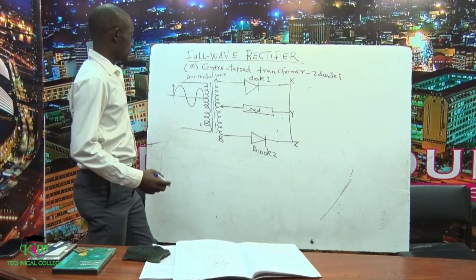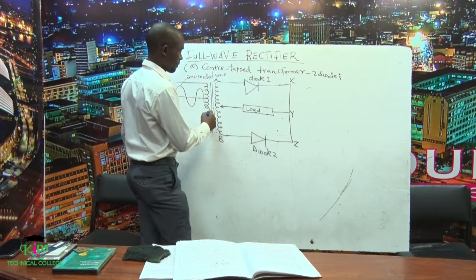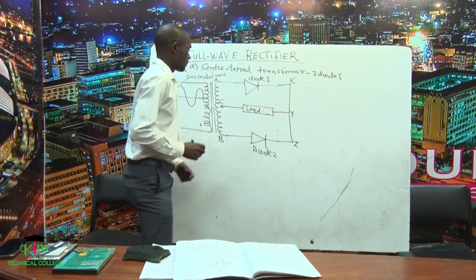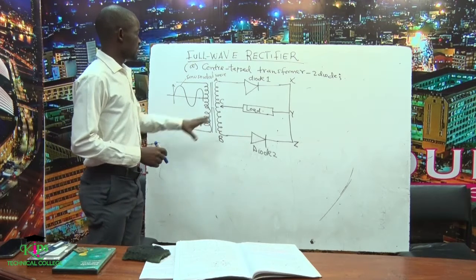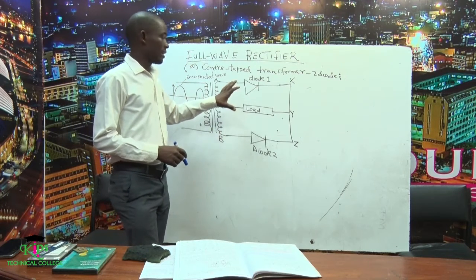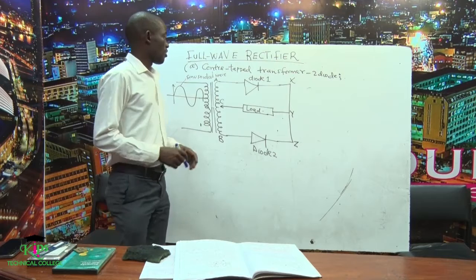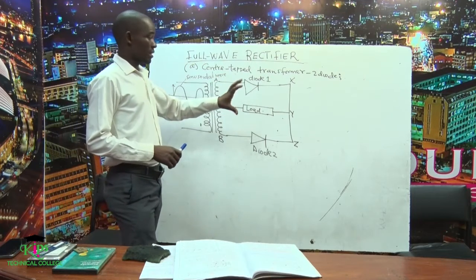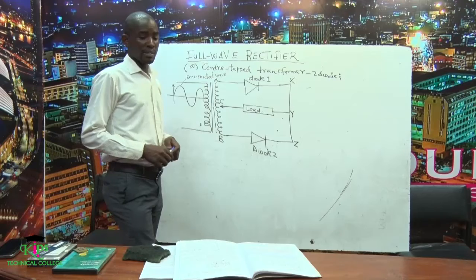Then of course we can also say this is our point C. We want to use these letters in explaining the operation of a center-tapped transformer. These letters are very important as far as the direction of current is concerned.